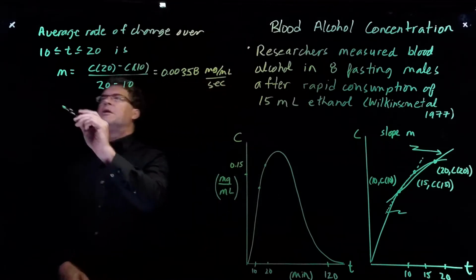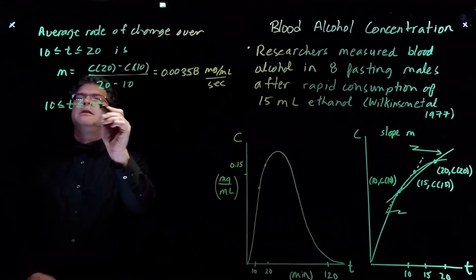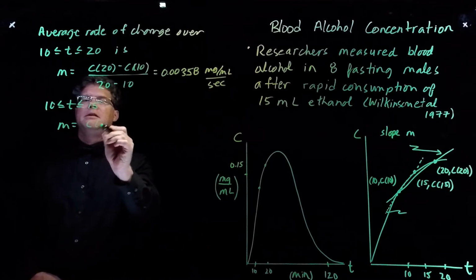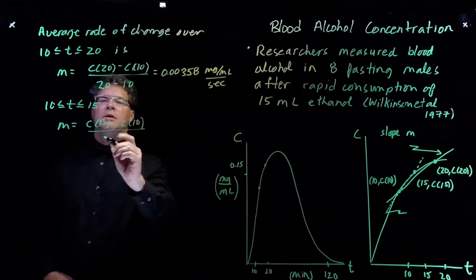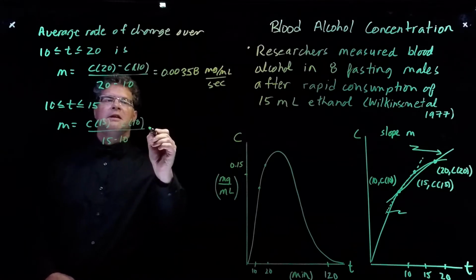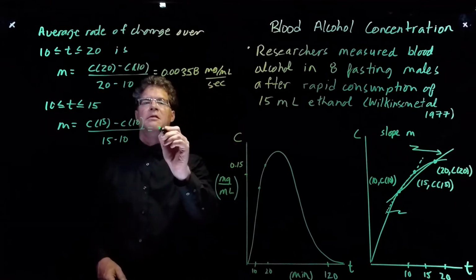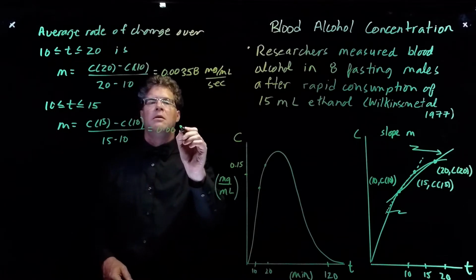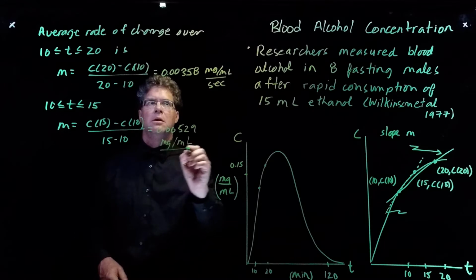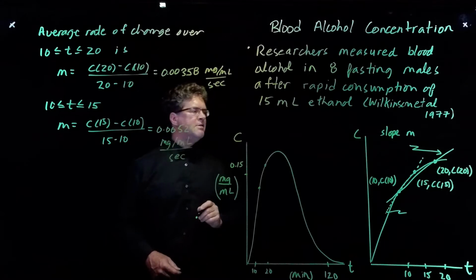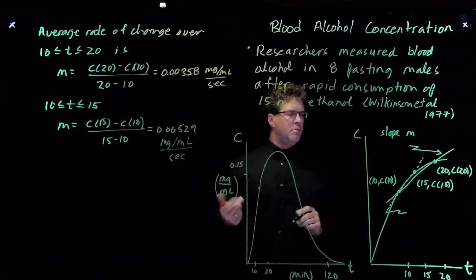So on the interval between 10 and 15, the slope is C15 minus C10 over 15 minus 10. And that gives us a different number for the slope, and it turns out to be 0.00529 milligrams per milliliter per second. And as you can see, the dotted line here has a steeper slope than the dashed line.